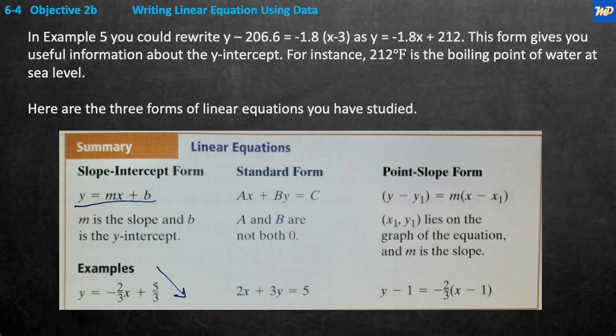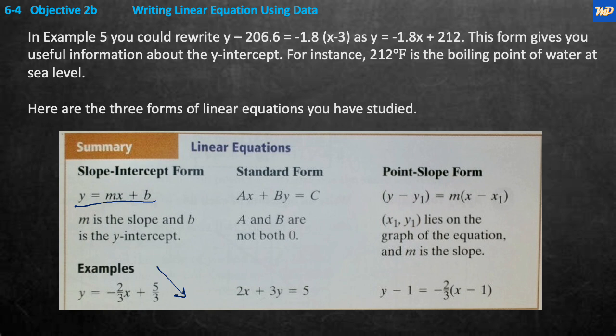And then there's the point-slope form. y minus y1 is equal to the slope m times x minus x1. Here x1, y1 is a point that lies on the graph. You pick a point on the line, and you're writing the equation in terms of y and x.